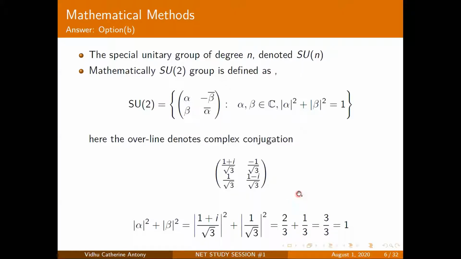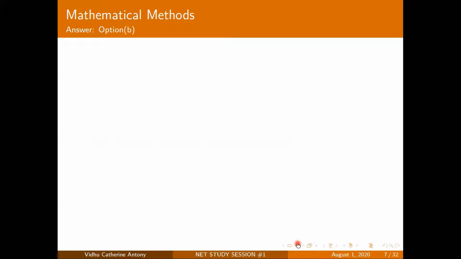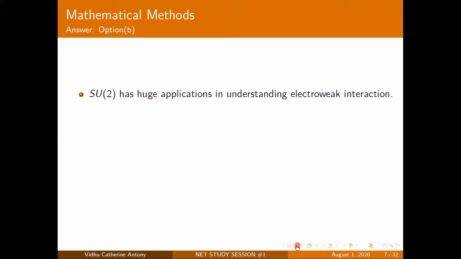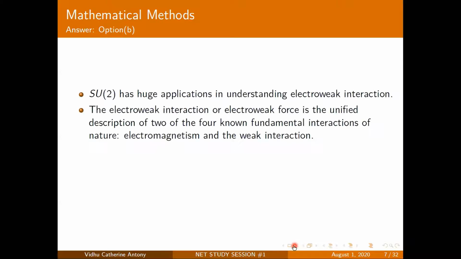I'm not going to elaborate on that because there are a lot of second semester students here who haven't taken the nuclear elective. But if you take the nuclear elective, you'll see that SU2 has a lot of applications. The symmetry due to SU2 has given a lot of great results.